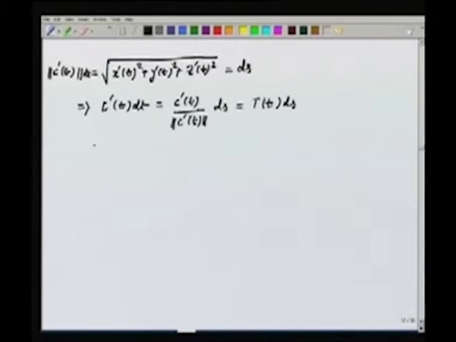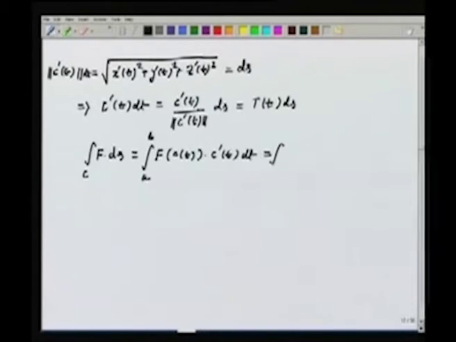Now this has an implication. The integral over c of f dot ds can now be written as the integral from a to b of f of c(t) dot c prime t dt, which is our usual definition. This is the same as the integral from a to b of f of c(t), which I am not changing, dot, and now c prime t dt I can write as T(t) ds.